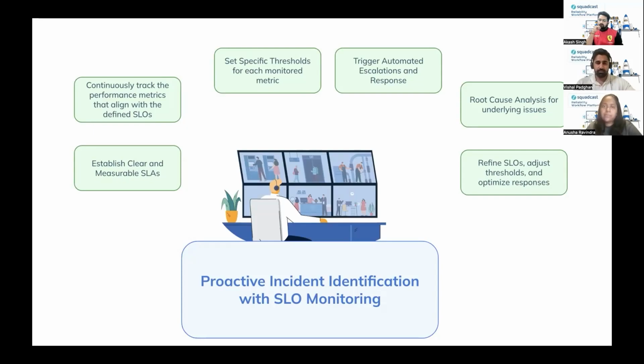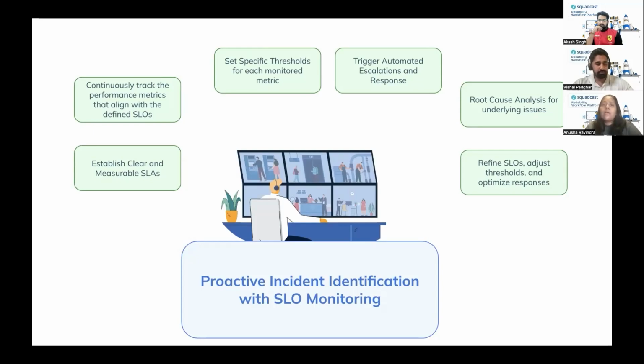put in. Now, when these thresholds are consistently approached or breached, incident responders can take proactive measures to prevent incidents. These might involve implementing temporary fixes, any sort of load balancing across different environments, and any other relevant preventive actions that make sense, right? So, incident response teams can also make data-driven decisions based on SLO thresholds.